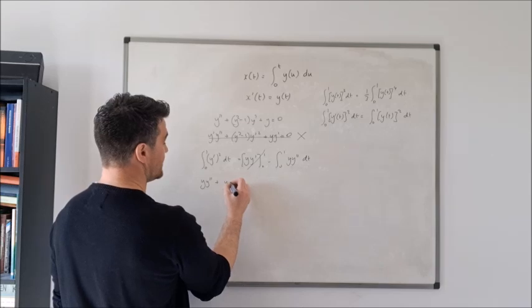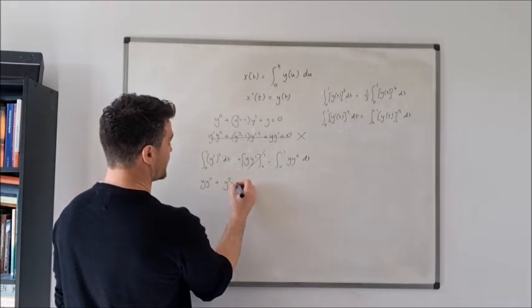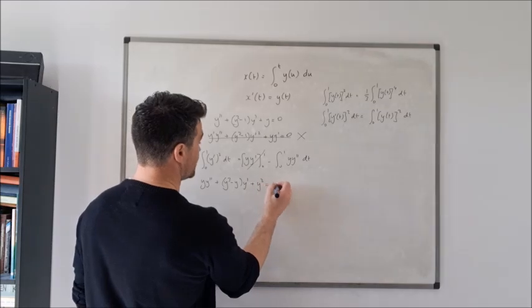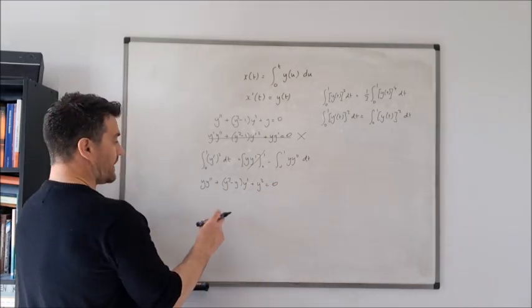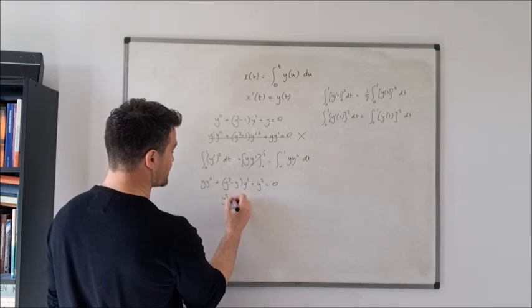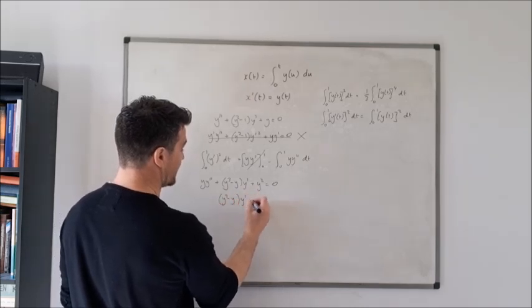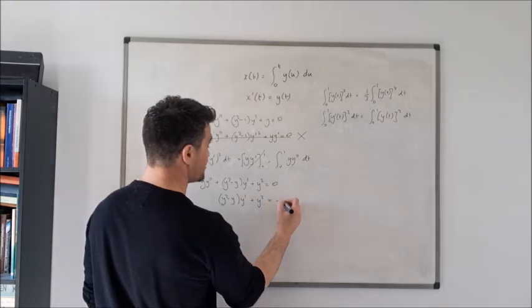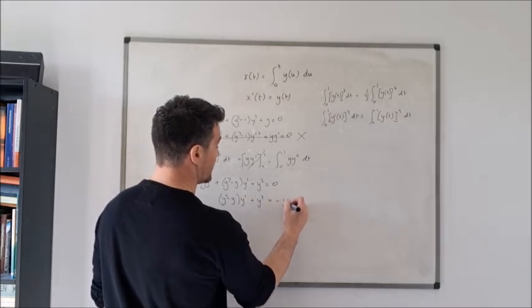So I get y, so that's going to be y cubed minus y times y prime plus y squared equals 0. Because now if I rearrange this, I get y cubed minus y prime plus y squared equals minus y times y prime.